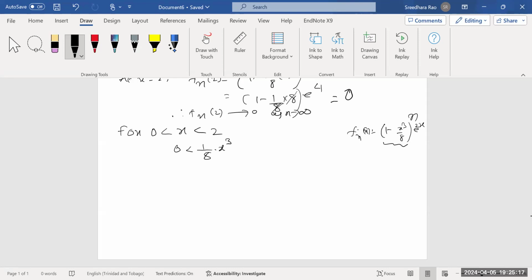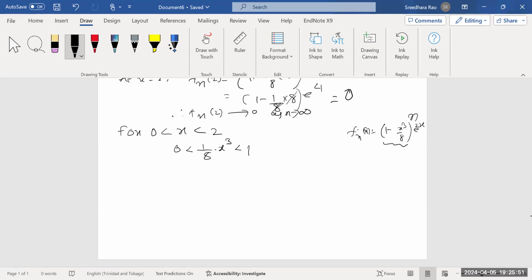That is nothing but at most 1. Of course, if it is more than 1, the 8 cancels, and you get less than or equal to 1.